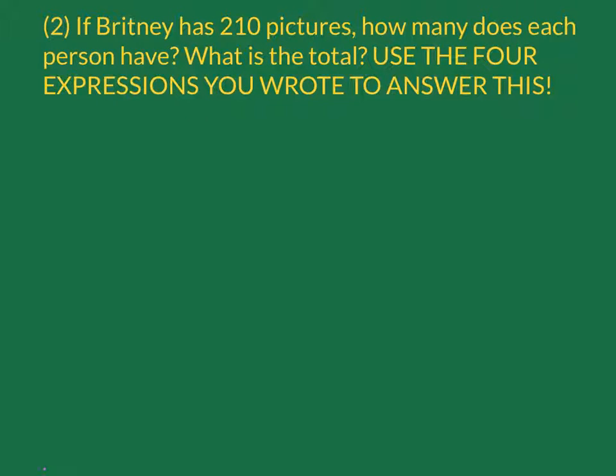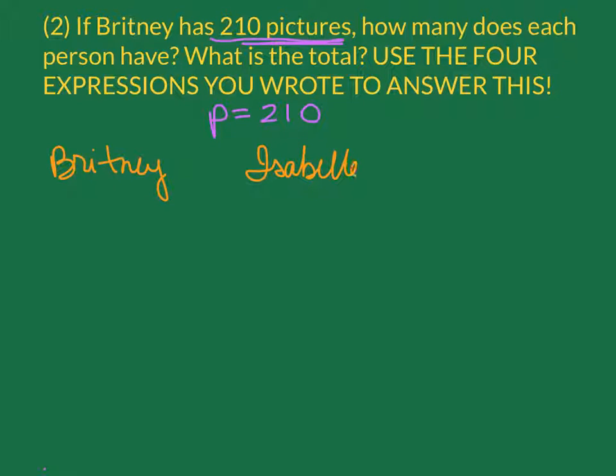So the next thing we find out that Brittany has 210 pictures. How many did each person have? So that tells us that P equals 210. And I know that I wrote an expression for how many pictures Brittany has, how many pictures Isabel has, and how many pictures Capone has.